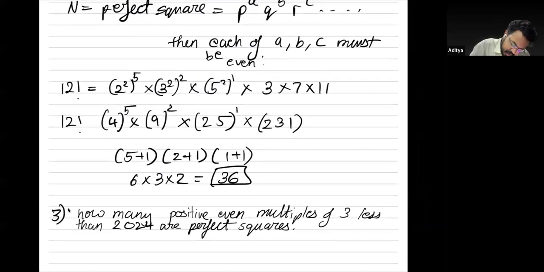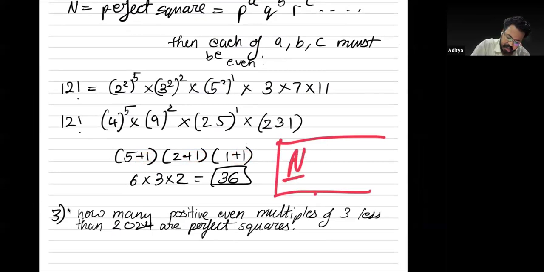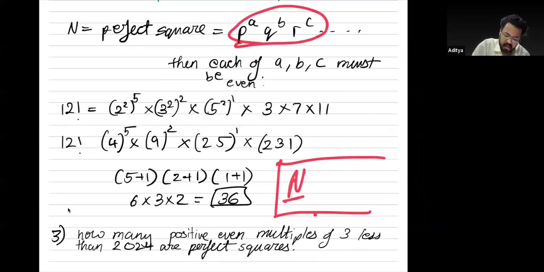So Angel is asking, why am I doing a plus one over here? While building up factors of my number, let's say any number capital N, which can be expressed in this manner, if I simply talk about normal factors, not perfect square factors, then in each of those factors I can ask a question to each of these prime numbers: prime number P, prime number Q, and prime number R. I can ask, how many times do you want to come in the factor? It could be 0 times, which makes it p to the power 0.